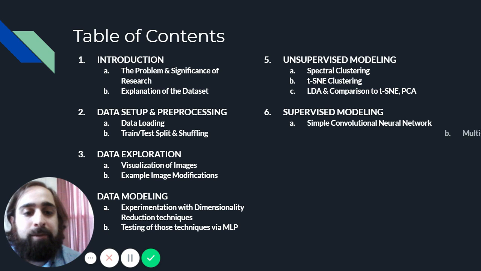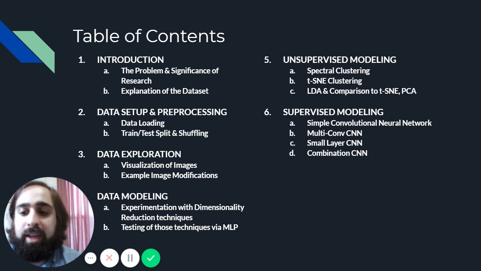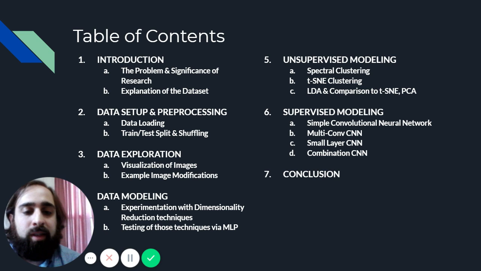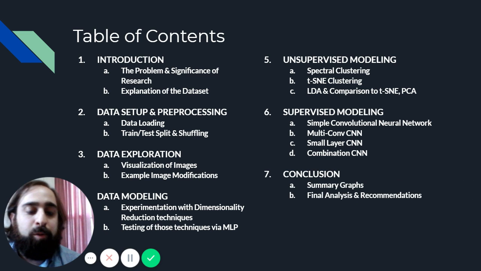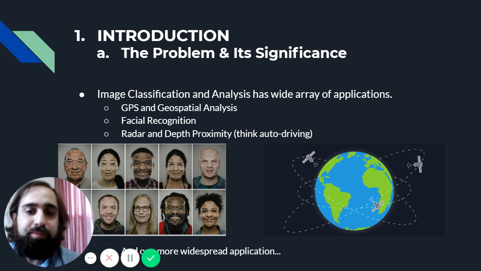And what I have for you is 4 different CNN architectures all through the Keras library. What I want to see is how the images work in relation to all these various CNNs. And then once I get those results, I'll analyze them, show them in graphical format, and come to conclusions for the purpose of this data set.